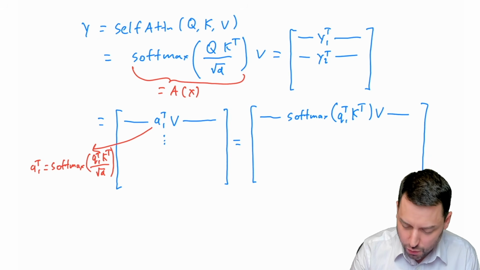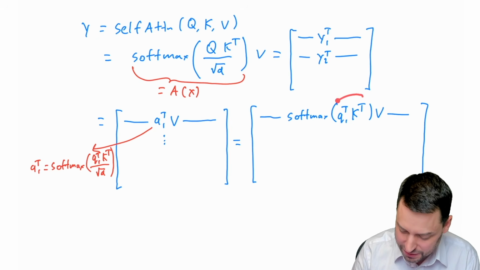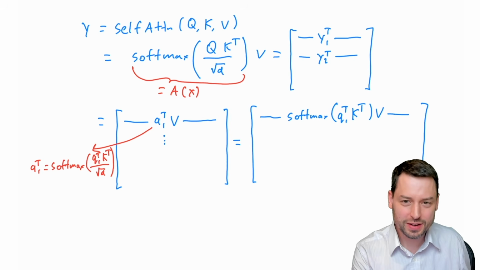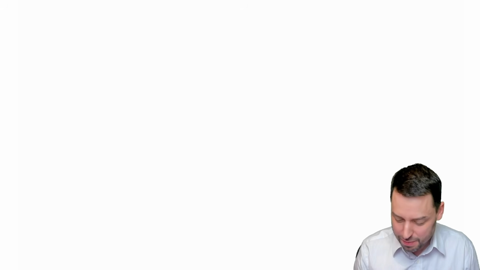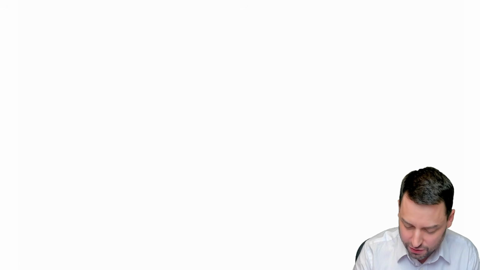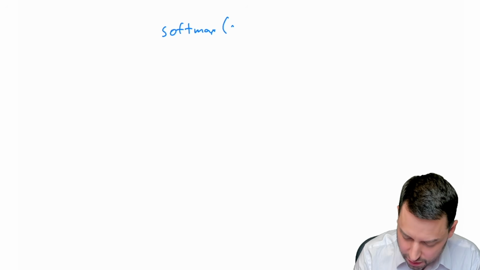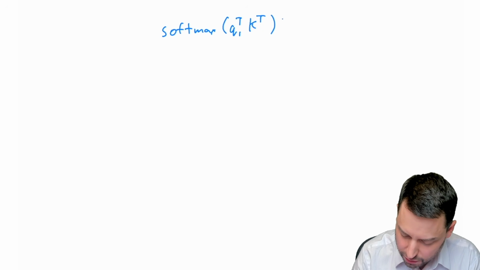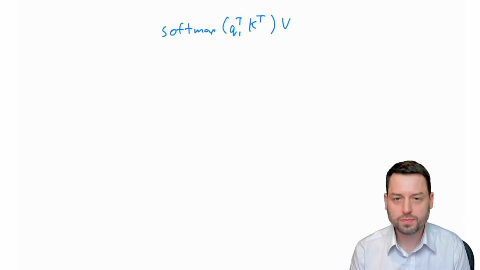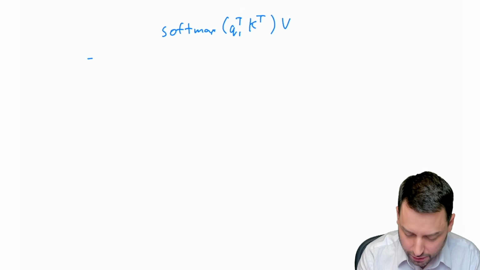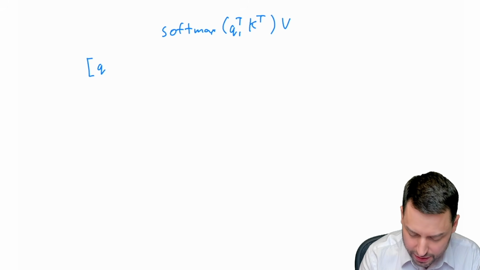So let's look at what this thing is doing a bit more closely. Let's look at this operation here, the softmax of Q1 transpose times K transpose V. Well, let's write out Q1.